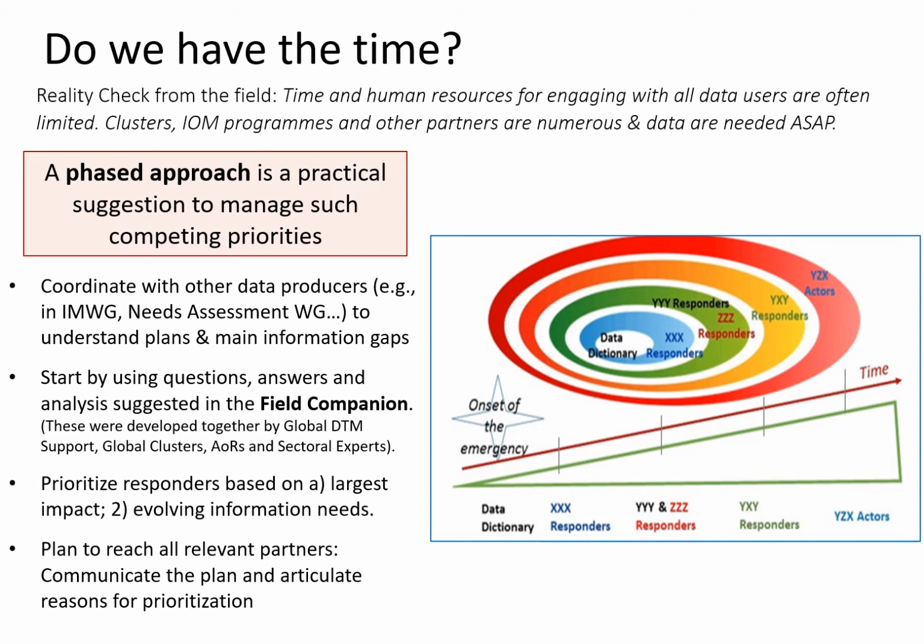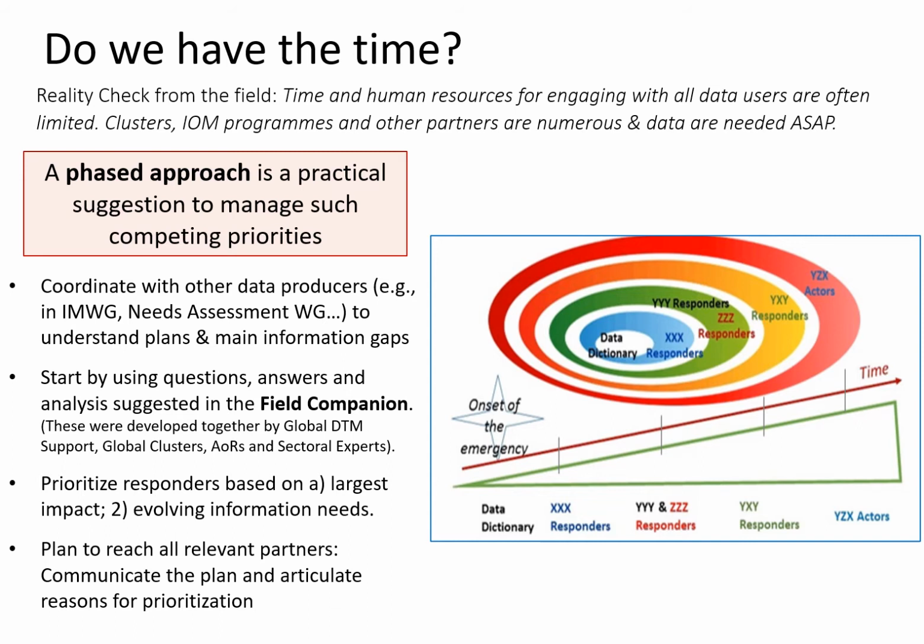Then the DTM will have to prioritize responders to engage with, based most probably on the largest impact and the evolving information needs. It is important that DTM plans to reach all relevant partners and is able to communicate this plan to the partners and articulate reasons for this prioritization.